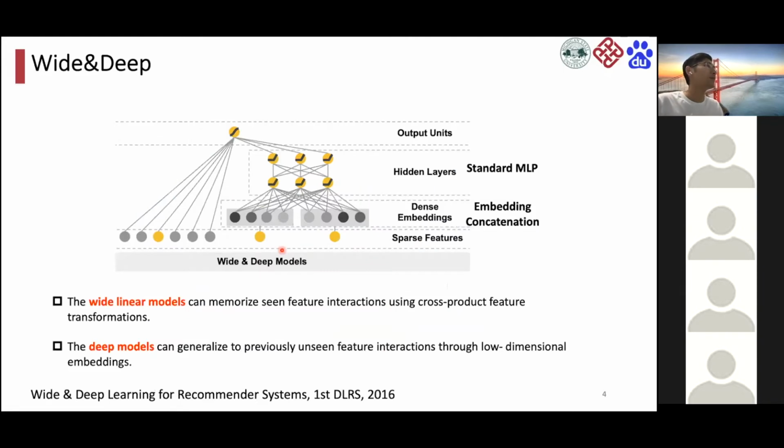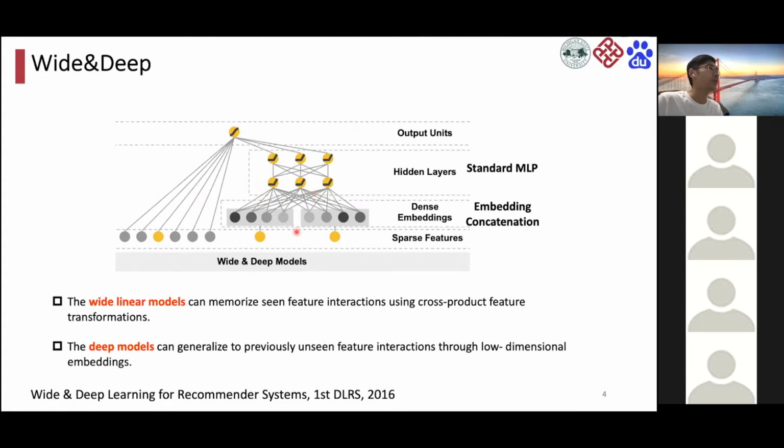And the second paper we are going to introduce here is Wide and Deep. Actually, this is a very popular paper and has already been applied in industry. They jointly train the wide model and the deep neural network and combine the benefits of memorization and generalization for recommender systems.